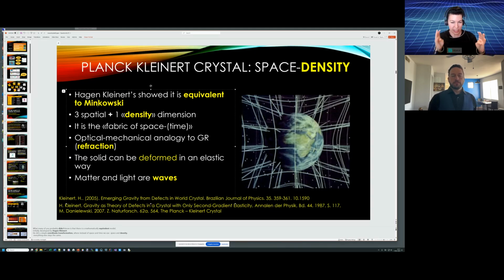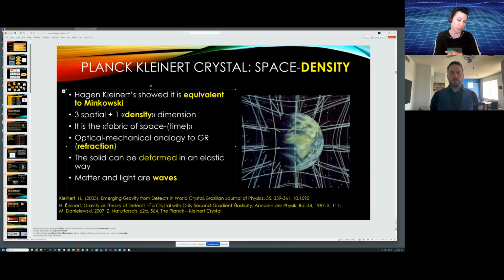And so instead of having this really hard to imagine four-dimensional Minkowski space-time, which I don't know if you can picture, you have just a regular three-dimensional universe. There is a fourth dimension, and the fourth one is really density. So the density is not the same everywhere. Where you have a lot of matter, a lot of stuff going on, it's denser.